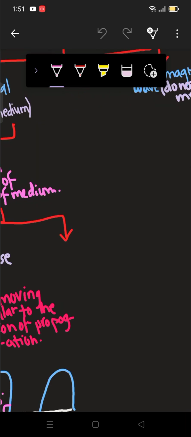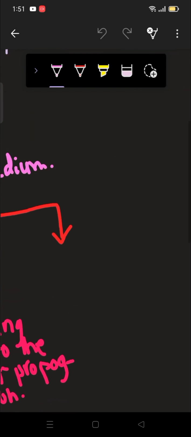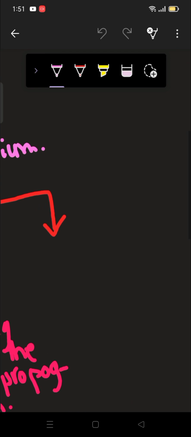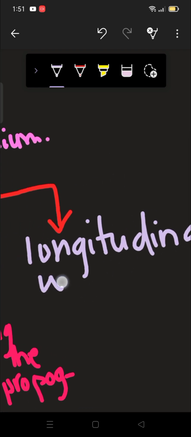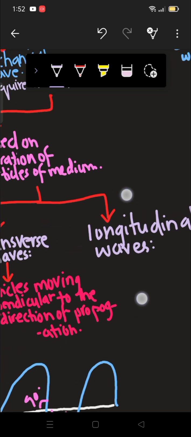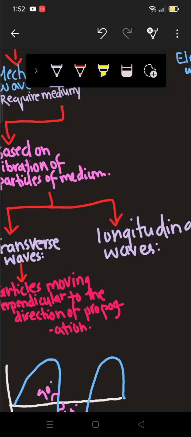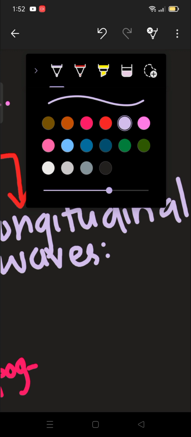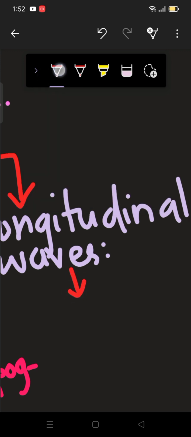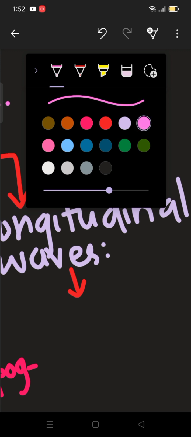The second type, which is based on the vibration of particles of medium, is the longitudinal wave. In a longitudinal wave the particles would be moving parallel to the direction of propagation. Let me use the color.